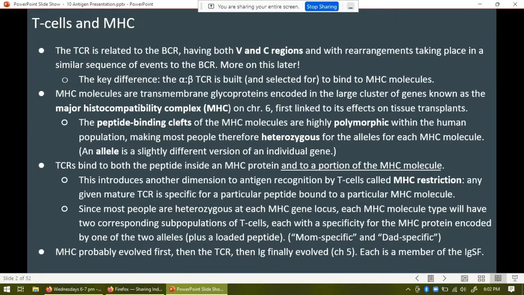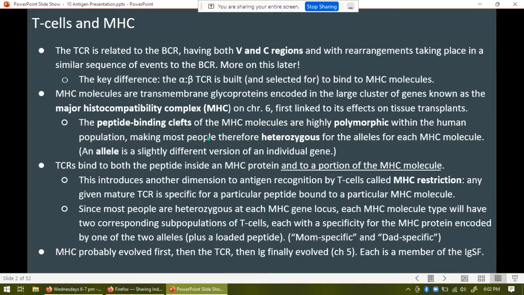So they found, if they could match somebody's alleles for the MHC genes to a donor, then that donor would not be rejected by the recipient. So that's where they were originally characterized. They didn't know what they did at first, though, of course, and that has come a long way since then.